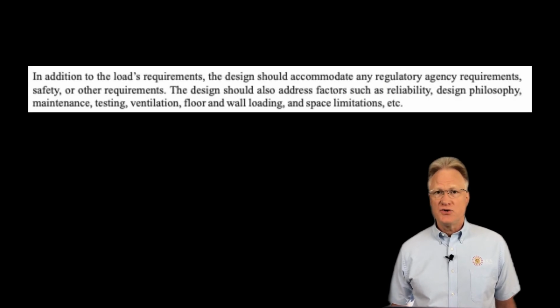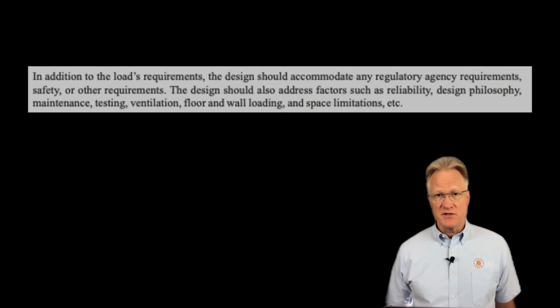In addition to the loads requirements, any design should accommodate all regulatory agency requirements, safety, and specific customer requirements. In addition, it should address reliability, maintenance, testing, ventilation, floor or wall loading, and space limitations.